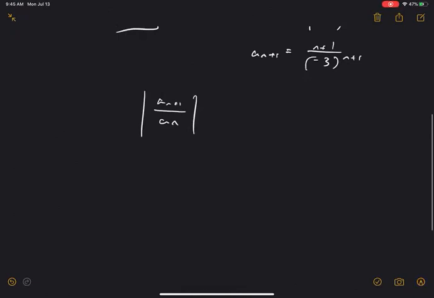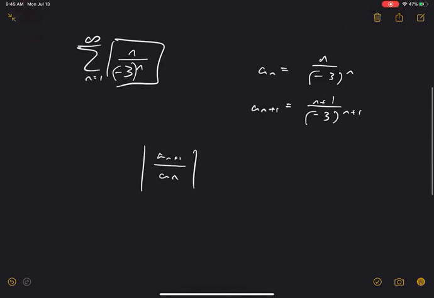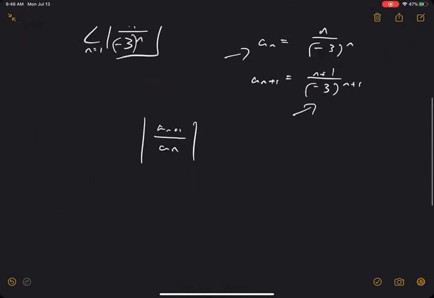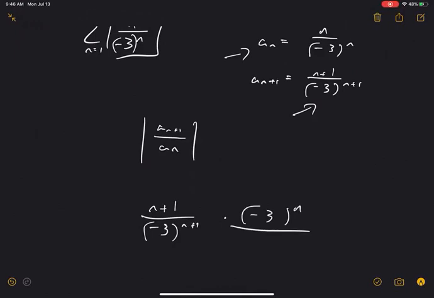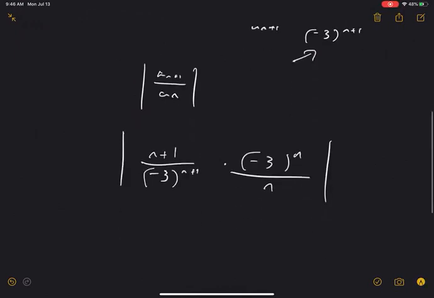Okay. Let's set up that fraction. Well, in this case, a_(n+1) is this. I'm going to divide by this, which means multiplying by the reciprocal, right? So a_(n+1) over a_n would end up being (n+1) over (-3)^(n+1) times (-3)^n over n, absolute value.